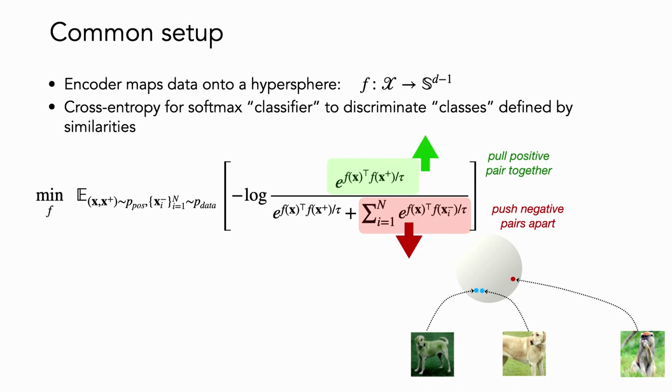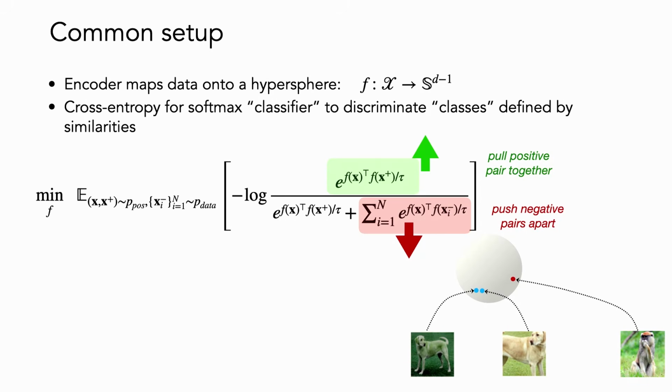So we can use inner products to actually do this comparison because we've constrained it to the hypersphere. So we can look at the angle instead of the distance. So now we want to make sure that the inner product is as close as possible to 1, right?